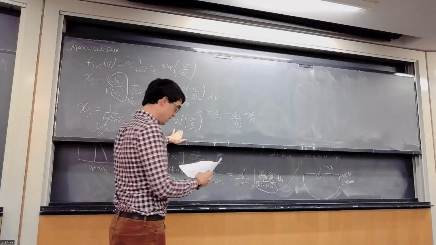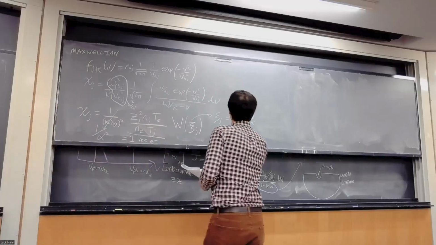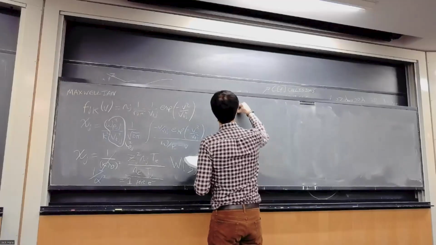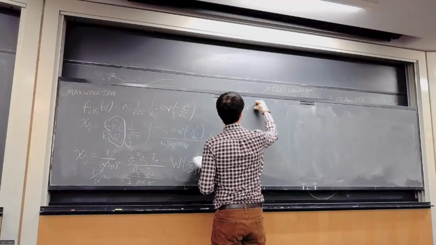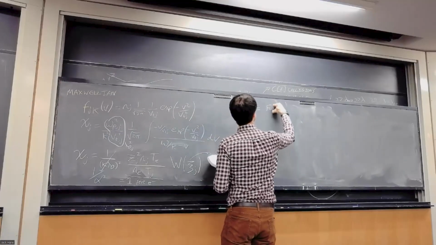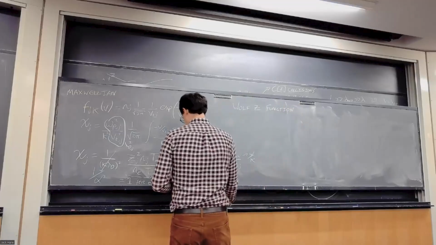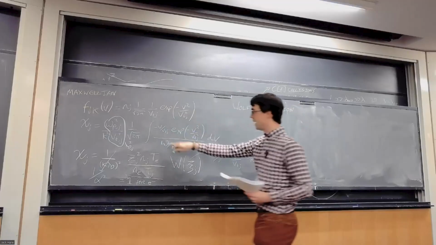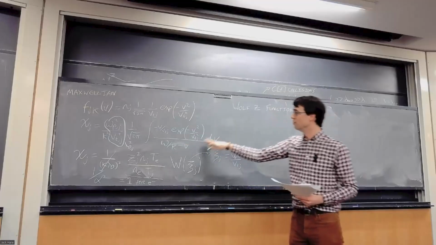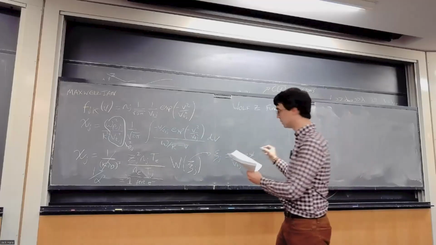And this function here is, I think, the Faddeeva function. And it is simply a function which is defined to involve the solution to this integral in a dimensionless way.